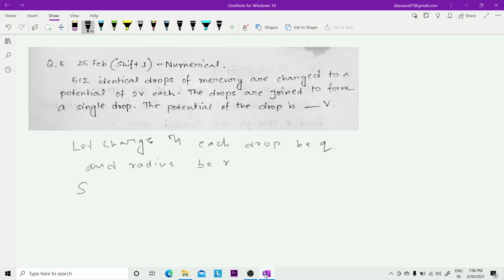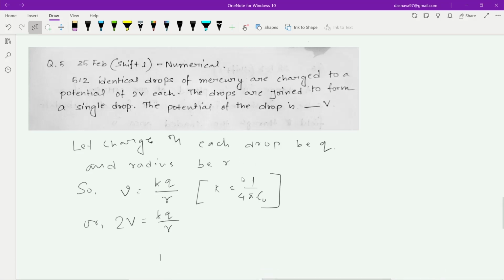So we know the potential formula for electrostatics, which is given by V equals kq by small r. K equals 1 by 4 pi epsilon naught. Everyone knows about that. Now it is given that the potential of each small drop is 2 volt. Okay, so 2 volt equals kq by small r.